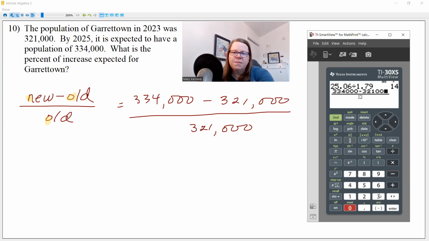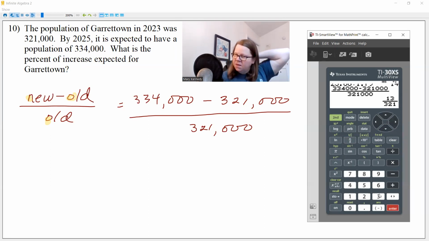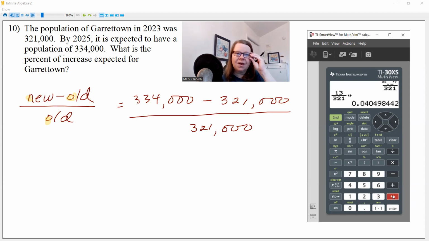If you were buying one, you should get this one. And I don't work for Texas Instruments, but all right. It gives us an answer. Let's see that as a decimal because we're going to write this as a percent. So as a decimal, 0.04. Now you could just have subtracted and then whatever your answer is, divide by 321,000. So you would get 0.04 and so on.